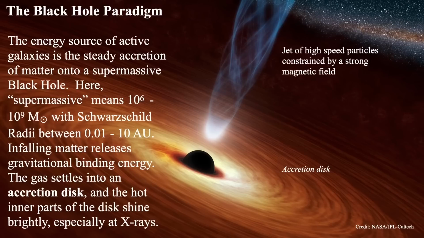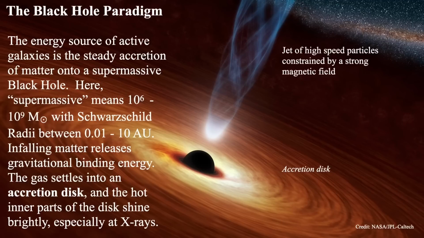As material falls into it, it releases gravitational energy, and that settles into an enormous accretion disk around the black hole. When it does so, it gets hotter and hotter and emits light through friction, and that light leaves the system. The hot inner part glows, especially in X-rays, as it's falling into the inner region of the black hole.